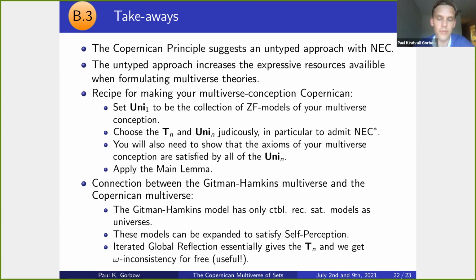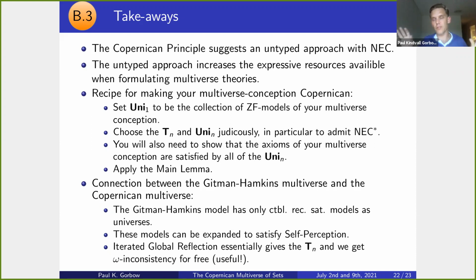And yeah, in the Gitman-Hamkins paper, there's also a discussion about whether, when you consider a universe looking at another universe, it suffices that it thinks that the other universe, does it need to actually think that the other universe is a model of ZF?